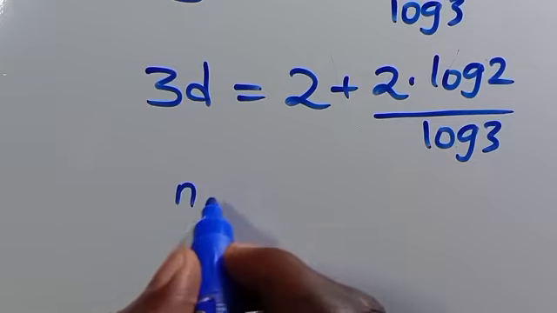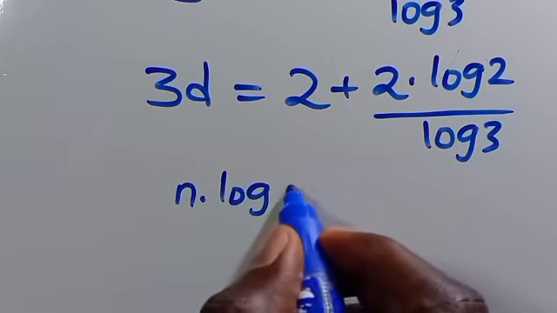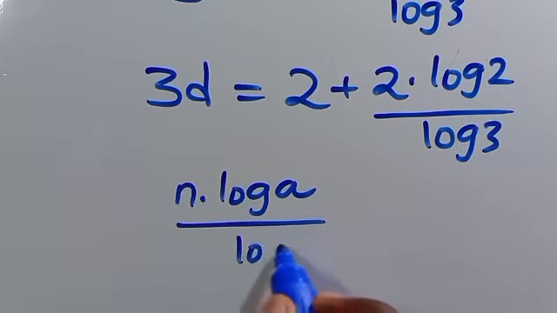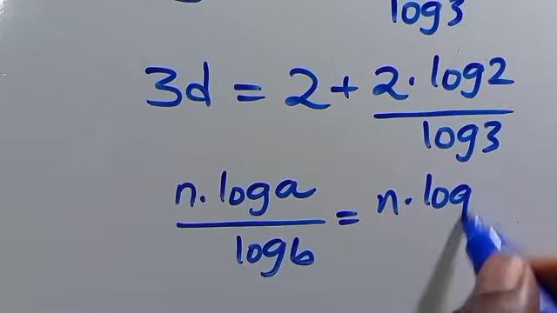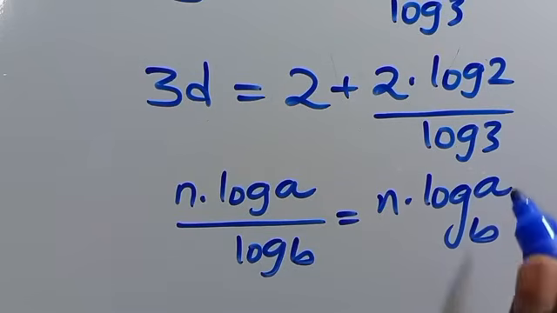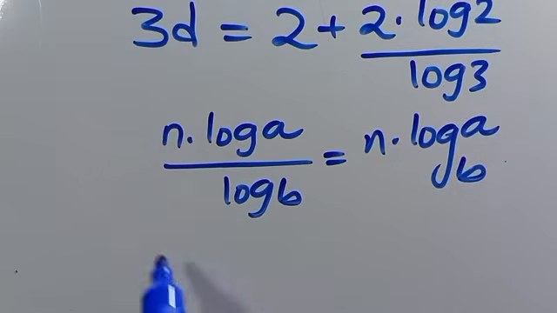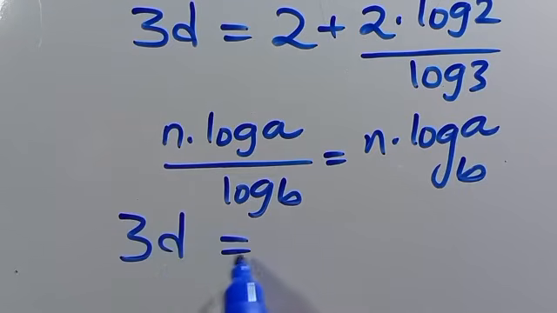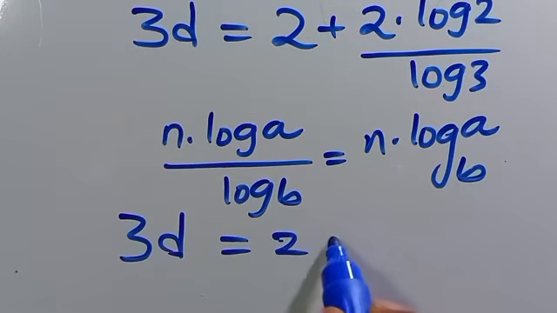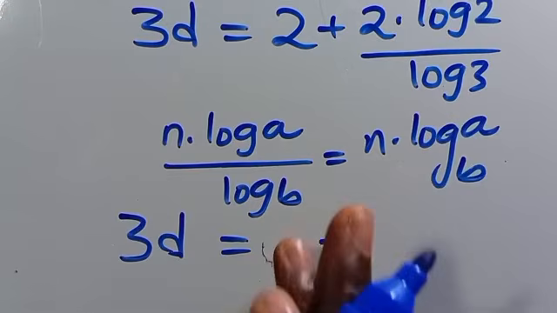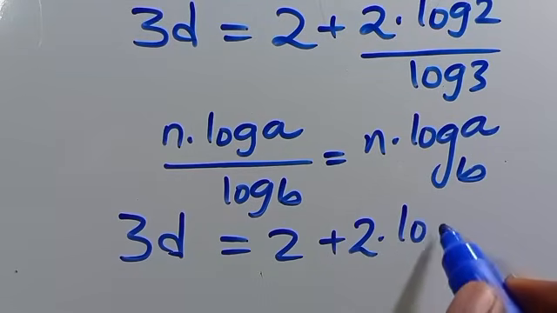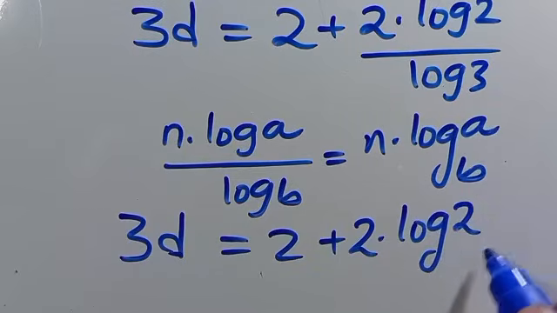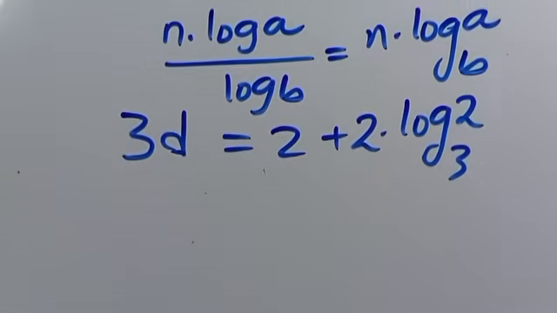When we have n times log a over log b, it equals n times log a in base b. Let's apply it here. So we are going to have 3d equals 2 plus 3 times log 2 in base 3.